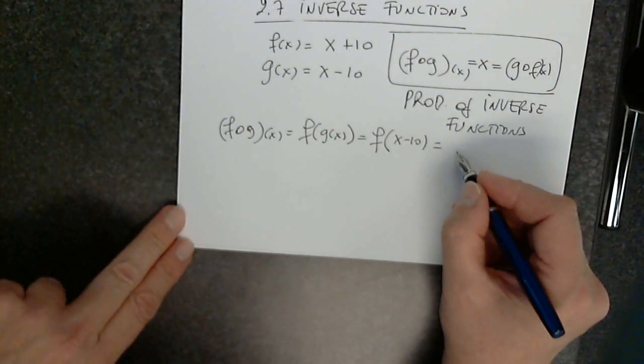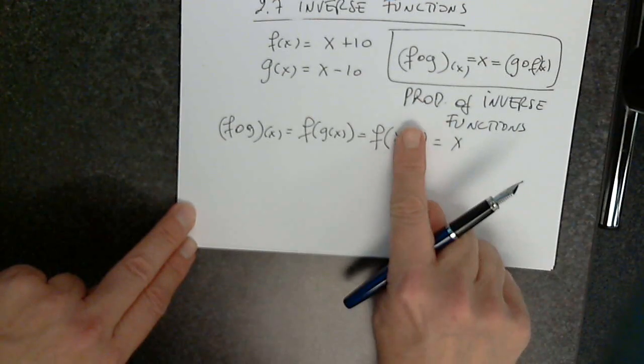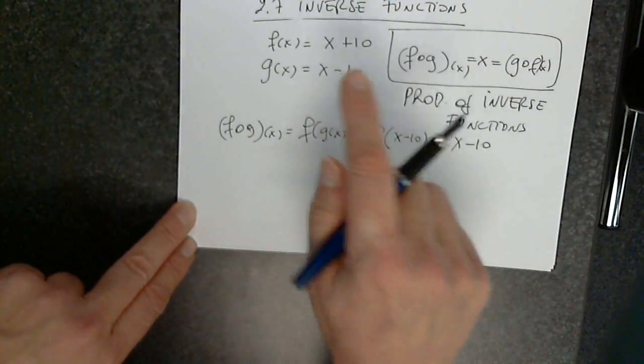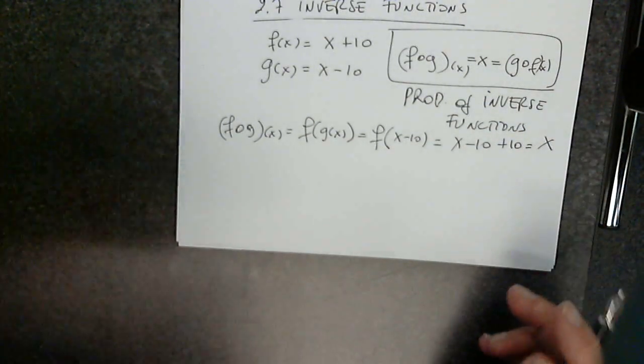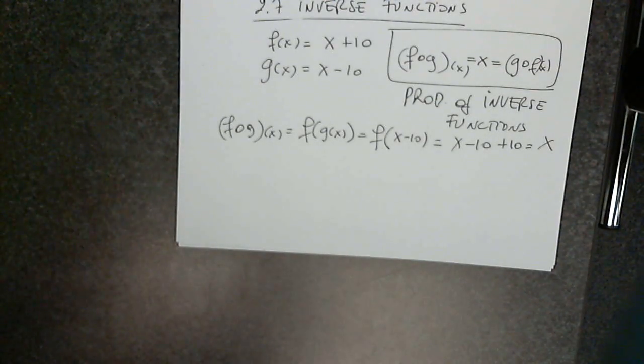So what will you tell me to write? X plus 10. This is the blah. So I have to write x minus 10 plus 10. So what is the answer? Right. Not 5x, not x squared, not x over 3. Plain x. Nothing happened to x if I give you 10 and I take it back.